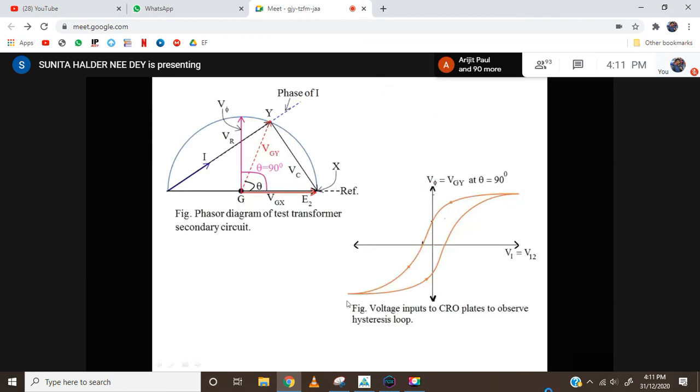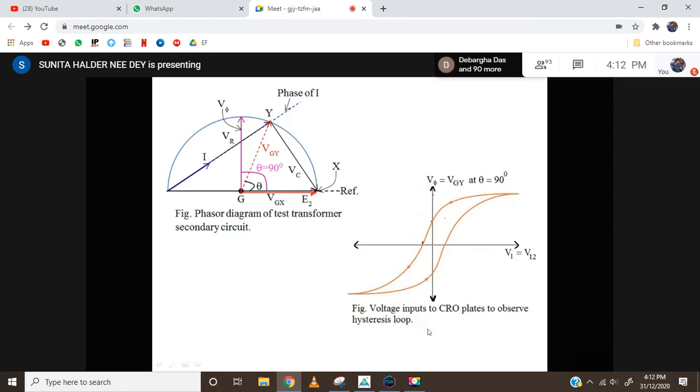When this theta is 90 degrees, this VGY will be V phi, that means a voltage proportional to phi as well as in phase with phi. So if we want to plot it on the oscilloscope, on the X plate we shall give VI equal to V12, which we can get from the circuit, and V phi equal to VGY, with the condition that theta equals 90 degrees. Understood this?